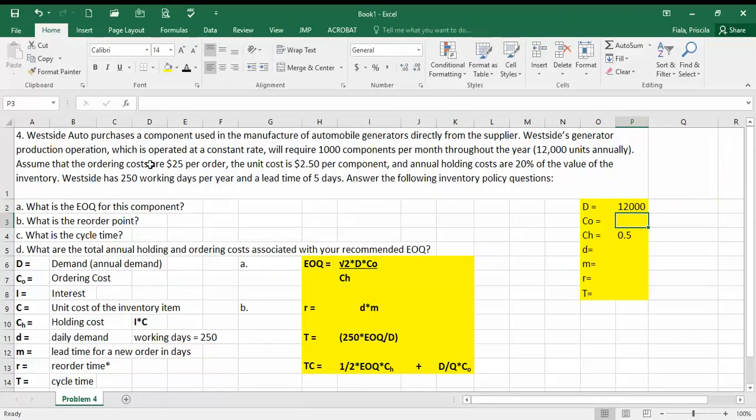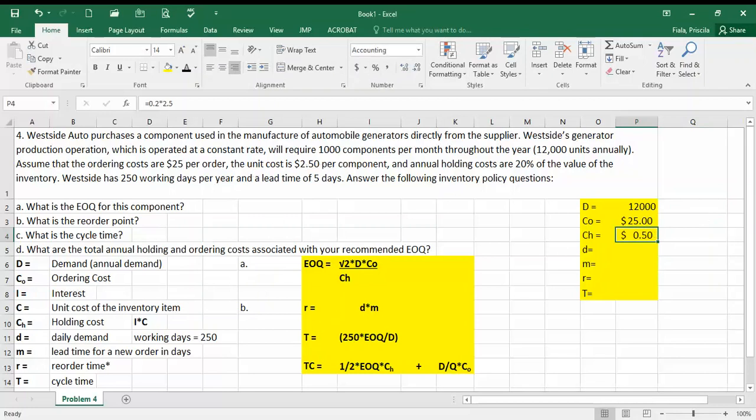Assume that the ordering costs are $25 per order. So we know this is dollars, which we could put like this. These are days, correct? Your holding cost, which I have done before for you, is going to be 20% times the unit cost 250.